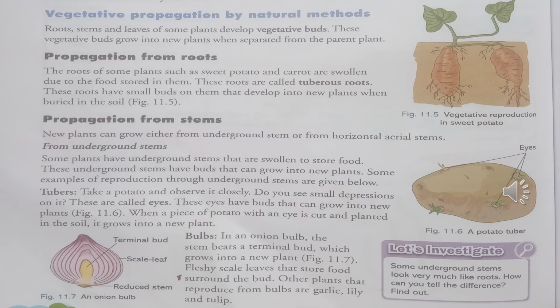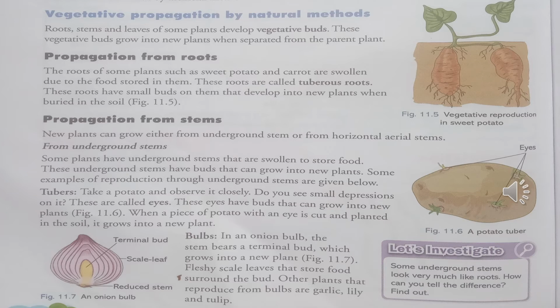Some plants have underground stems that are swollen because food, that is nutrition, is present inside them. That is why we eat this kind of part. These underground stems have buds that can grow into new plants. Some examples of reproduction through underground stems are given below.